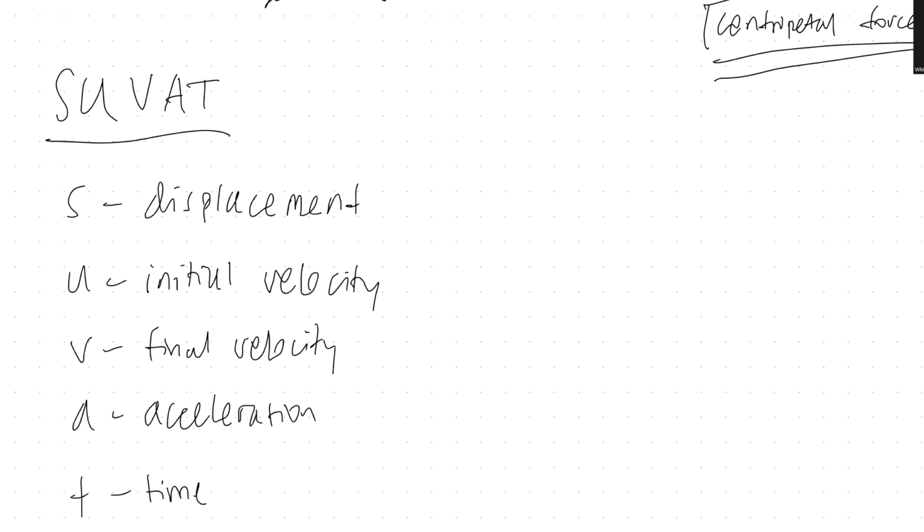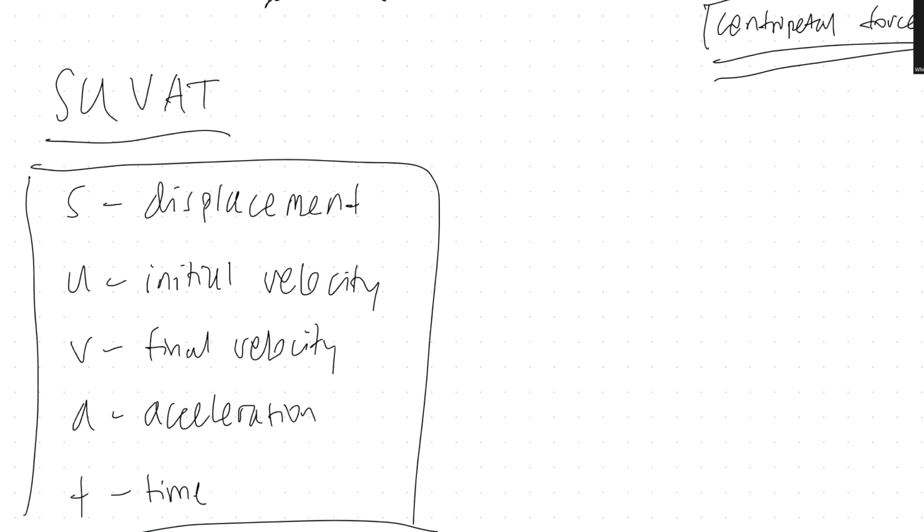So these are the quantities that we'll be concerned with: displacement, initial velocity, final velocity, acceleration, and time. Of course, here we have an initial velocity and final velocity because your acceleration will cause your velocity to change over time. So that's why we have to make this differentiation between your initial and final velocities.